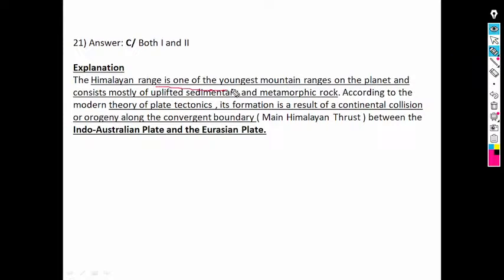The Himalayan range is one of the youngest mountain ranges on the planet and consists mostly of uplifted sedimentary and metamorphic rock.